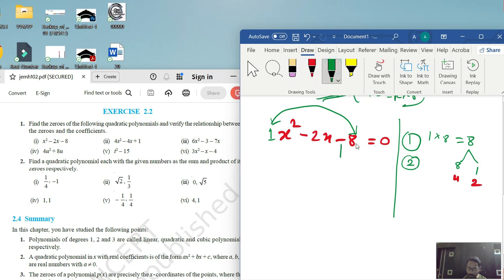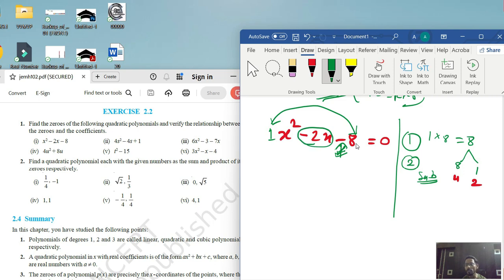If the last sign is negative, we will have to break it in subtraction. If the last sign is positive, then vice versa, not subtraction, that will be addition. So the last sign is negative, so we will subtract these two and we will try to get 2.